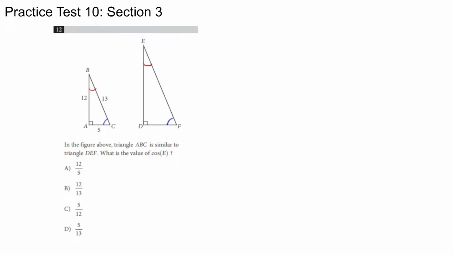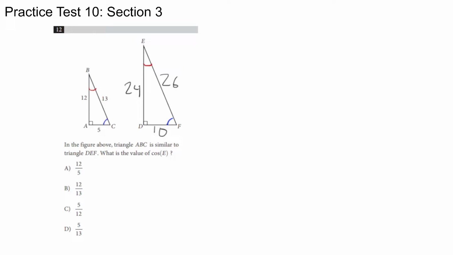So to answer this question, I actually don't need to know the lengths of the sides for triangle DEF. If I just wanted to make something up and said I had a 2-to-1 ratio, DF would be 10, DE would be 24, and EF would be 26. So I have a 2-to-1 ratio.